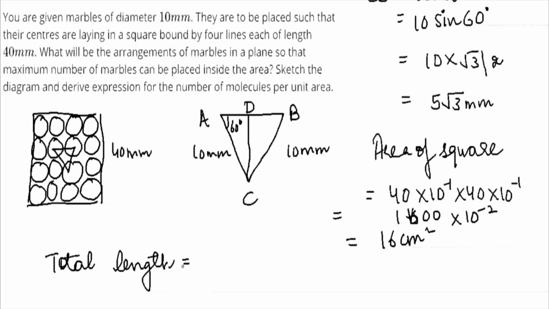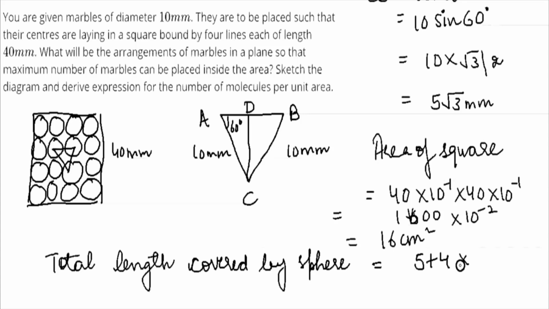So let me write down the total length covered by the spheres. It will be equal to 5 plus 4 into CD. So again, 5 plus 4 into the value of CD, which is 5 root 3. So you write down 5 root 3 directly here.